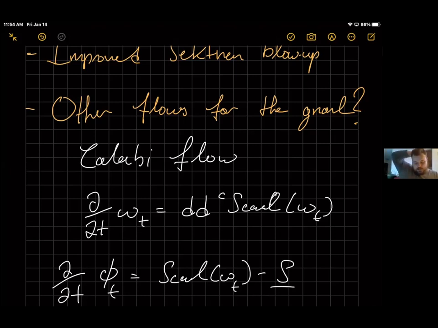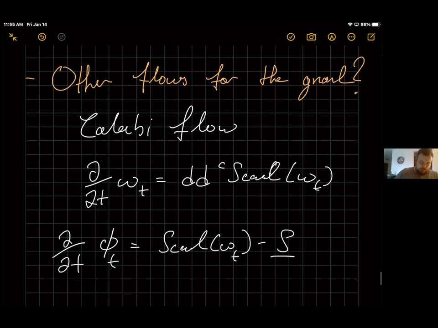So this preserves the Kähler class, which means that as you go along the flow, if you compare the flow with the starting metric, then they're going to differ by ddc of some function that's time dependent, and for the Calabi flow, the potential here is given by this differential equation, and you could pull that back.